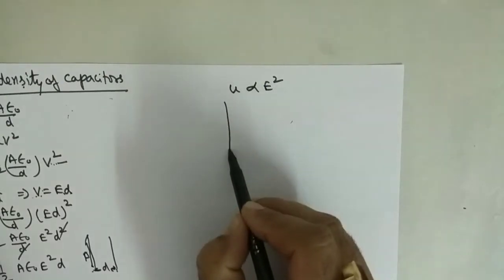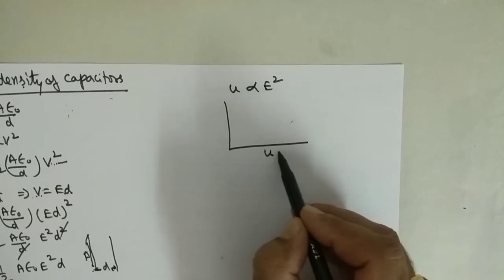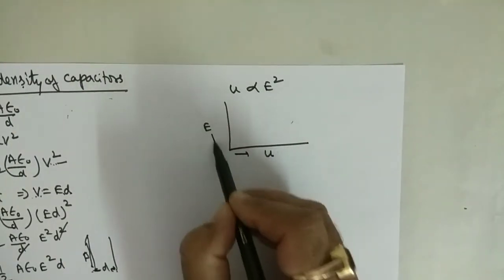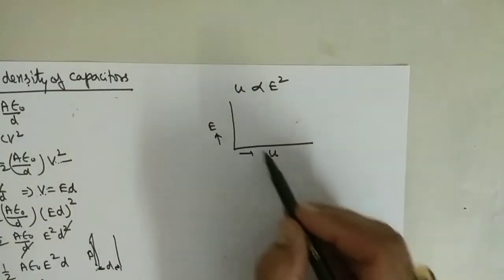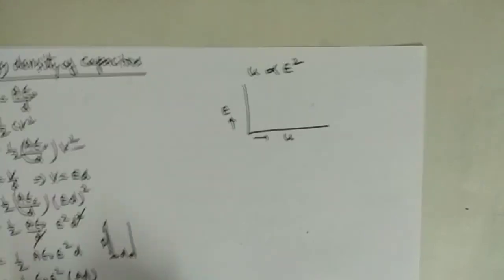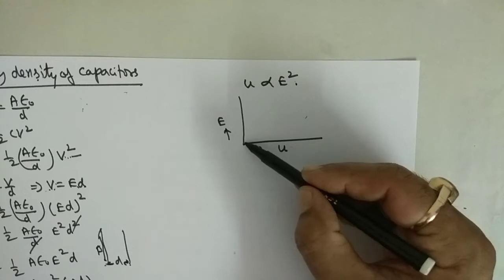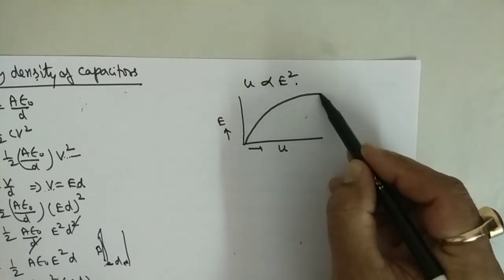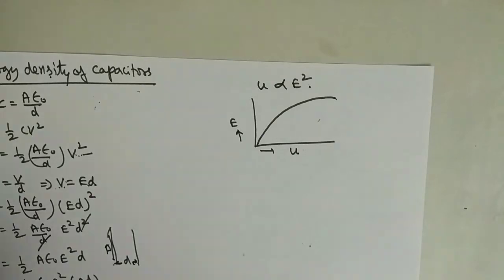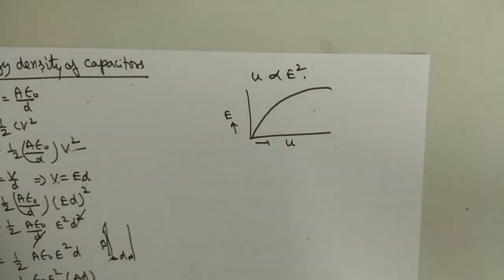So if we draw a graph between the energy density per unit volume and the electric field intensity, we'll find the curve like this. So this is the energy density of capacitor.